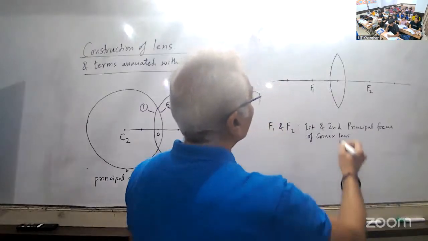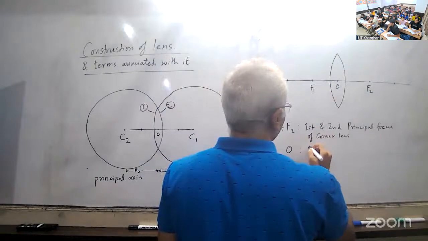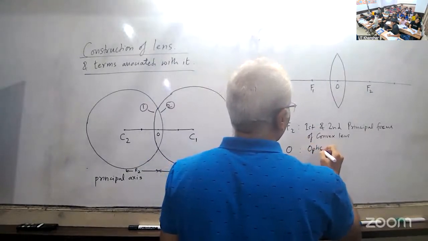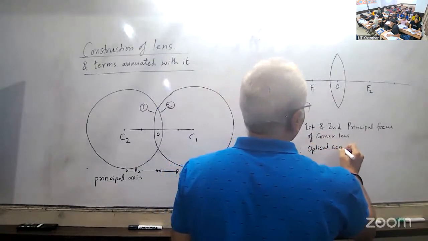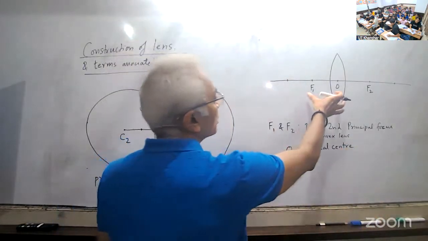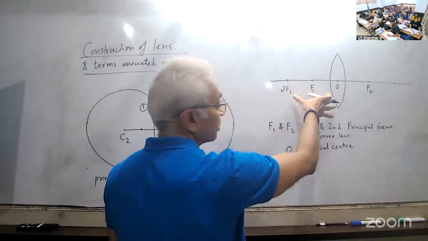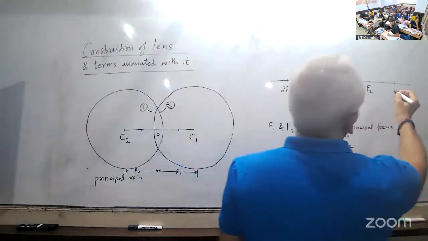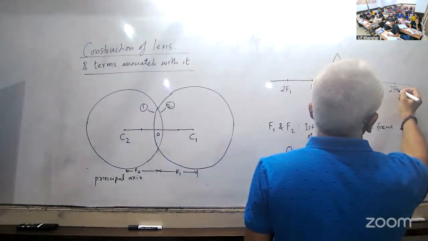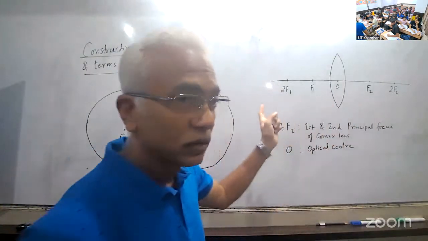What is O? O is the optical center. Now this is F1, so this distance will be called 2F1, 2 times F1, and this will be called 2F2. We will not be calling it C2 and C1.